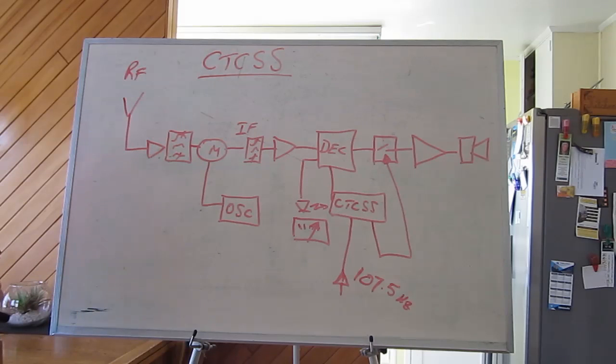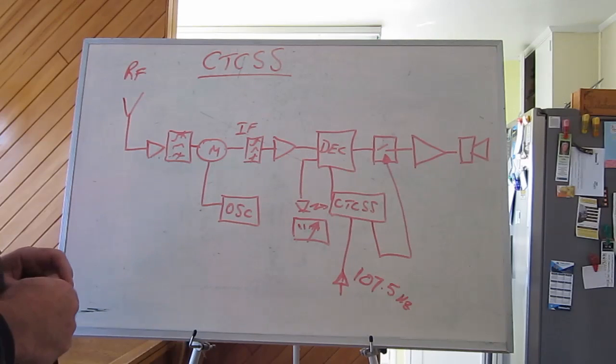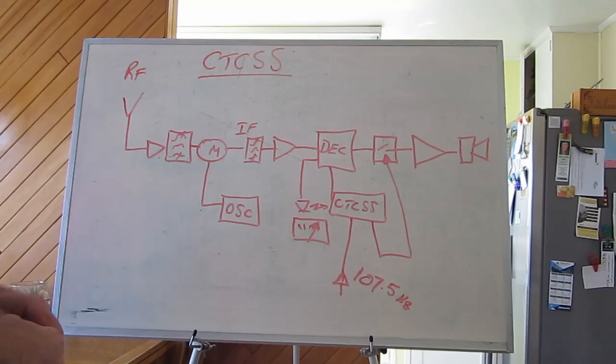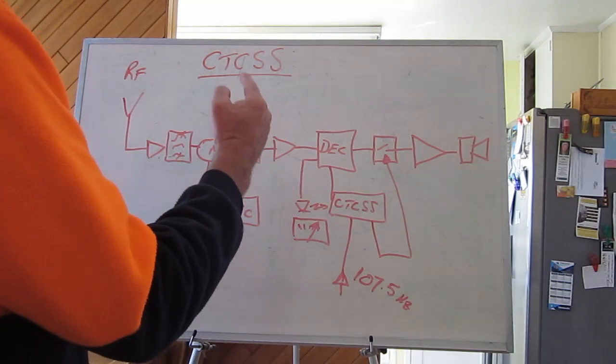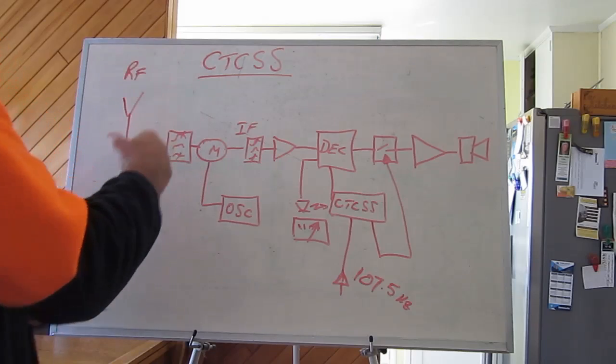Now the most common mistake, the most common misconception, the most common error that I find with CTCSS in use is that it's very common to program a CTCSS tone on a transmit signal.